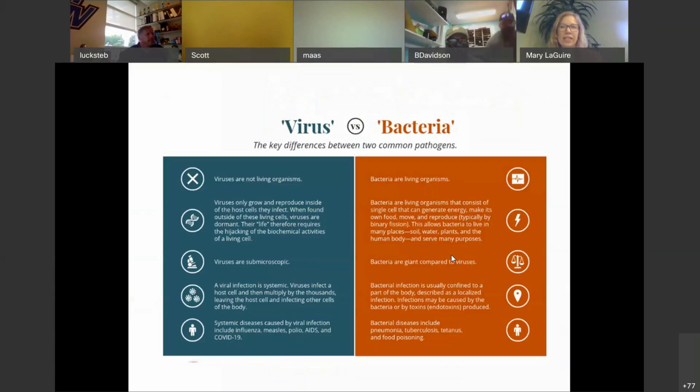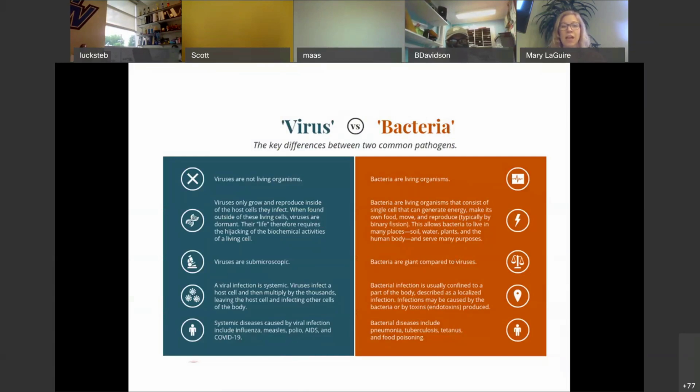This chart is a nice way that breaks it down as well to look at what are viruses versus bacteria and the key differences between these two common pathogens. So again, viruses are not living organisms where bacteria are. Viruses only grow and reproduce inside of the host cell they infect.